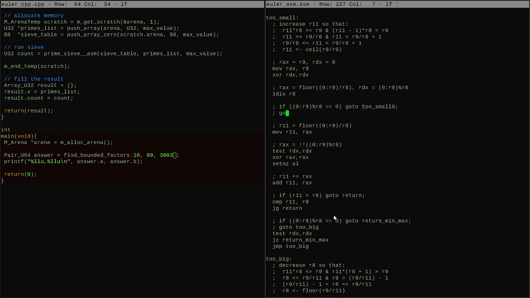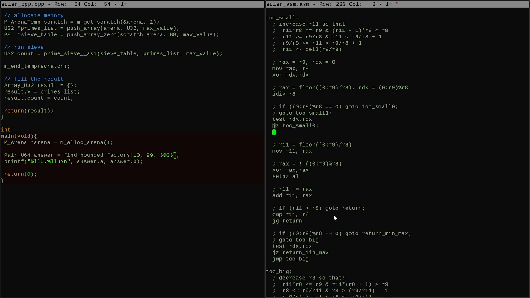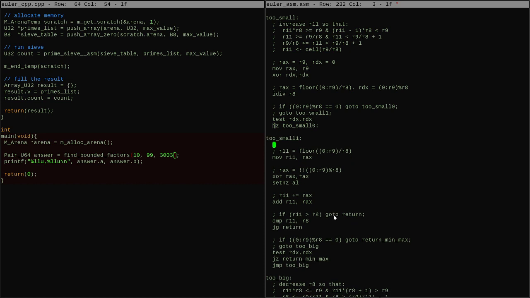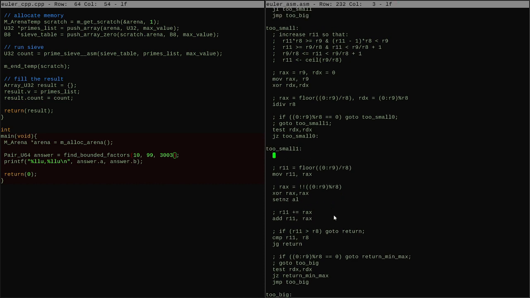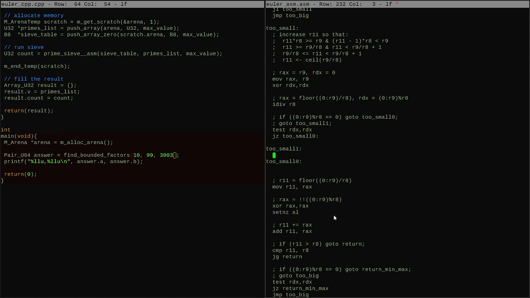Otherwise, we're going to go to 2 small 1. So we'll just test the RDX. Jump if 0 to 2 small 0. Otherwise, jump to 2 small 1. I think what we'll do is put 2 small 1 here so we can actually just eliminate that. And then 2 small 0 are the two cases.